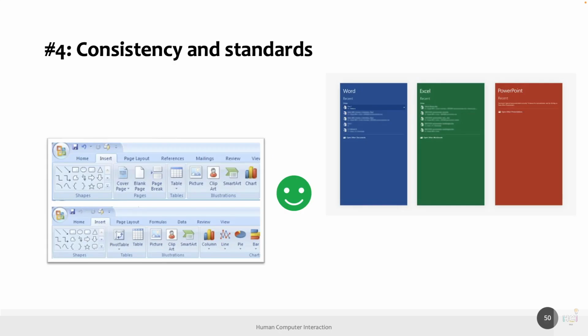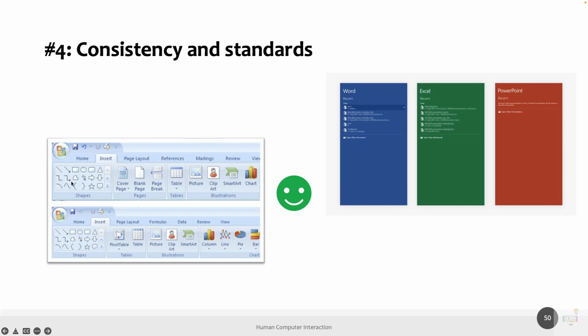And here instead it's a good example of consistency. Here we have two different applications, probably Word and PowerPoint. It's a little bit old, this screenshot, but anyway. But there is consistency, right?